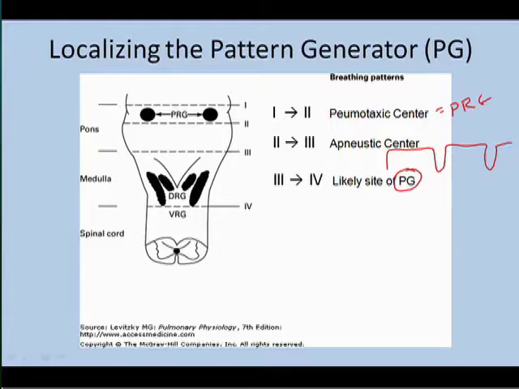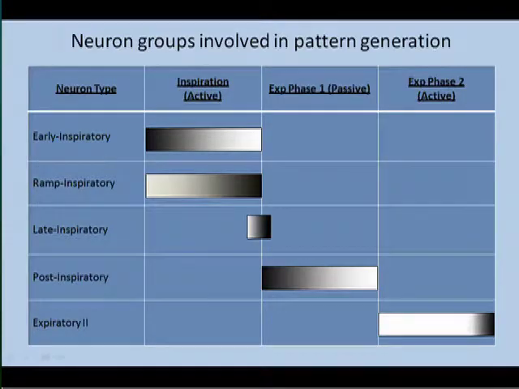So let's go back to the medulla and dissect a little bit more. If you were to stick electrodes into the medulla, you would be able to record the activity of neurons firing at different times during the respiratory cycle. Now, if you're dreaming of becoming a neurophysiologist with an academic focus on breathing patterns, please memorize this slide.